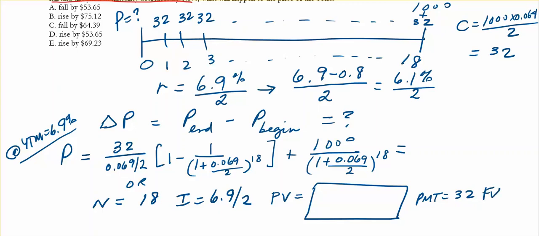I don't need to go back to look at the question, because the timeline says it all now. So put 18 for N, 6.9 divided by 2 is the interest rate, 32 PMT, 1000 FV, solve for PV, get 966.8888.